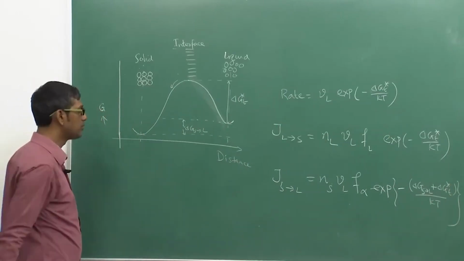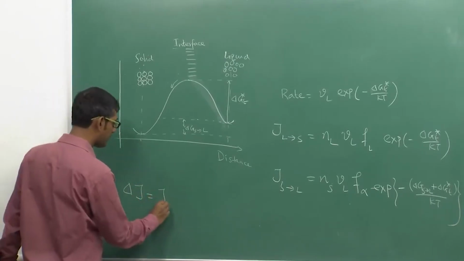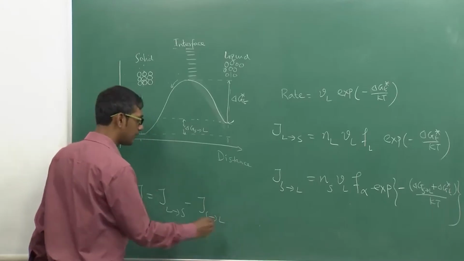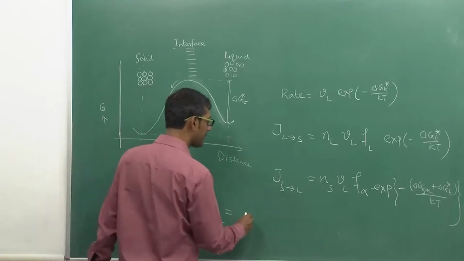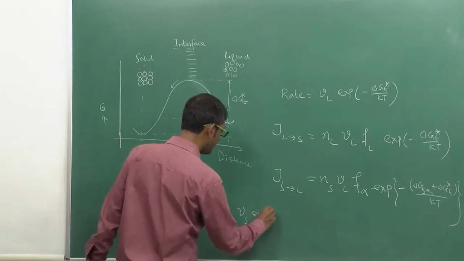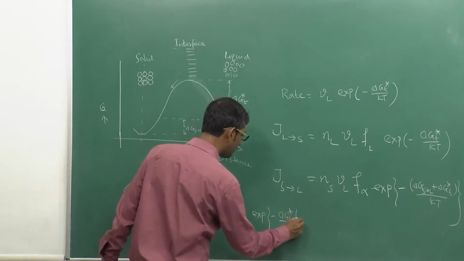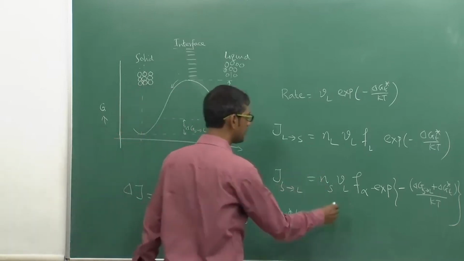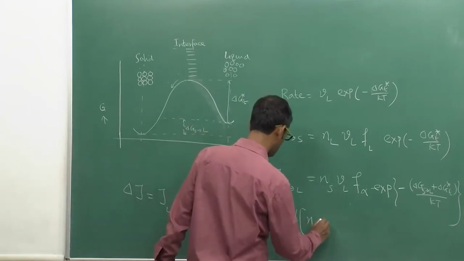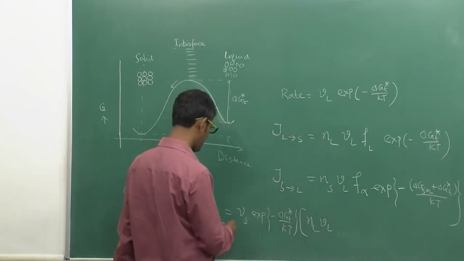Now I can actually do a flux balance calculation. The flux balance tells you liquid to solid minus solid to liquid. As you clearly see, I can take common nu L exponential minus delta G T star divided by KT. So NL nu L is what I have taken.